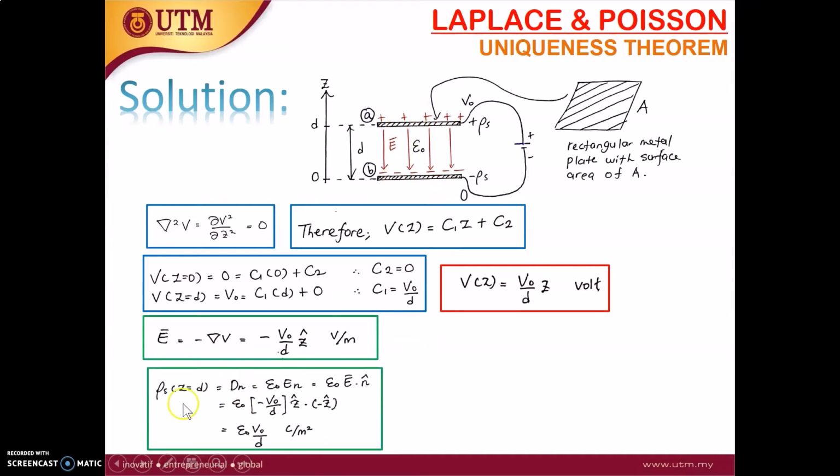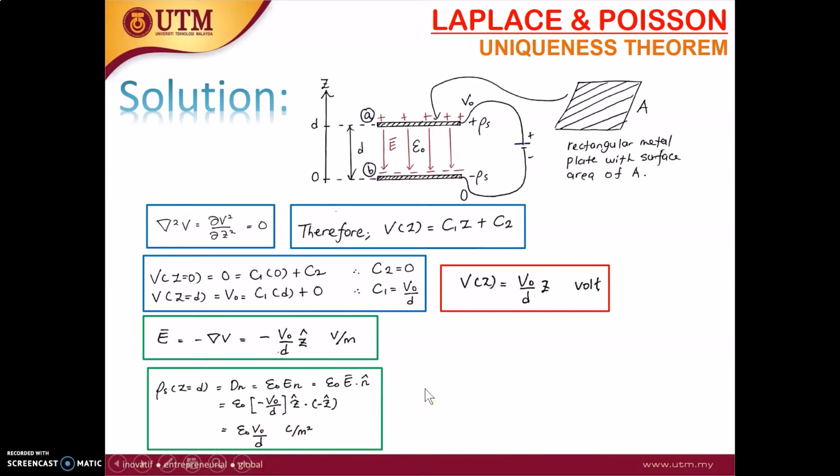Next, we have to find the charge density at Z equal to D. Here it's supposed to be the positive charge, so rho S equals Dn, or epsilon naught En, equal to epsilon naught E dot product with the normal component to the surface. When Z equal to D, the normal component will be going down, which is negative Z. When you solve this, you get rho S equal to epsilon naught V0 divided by D coulomb per meter square.